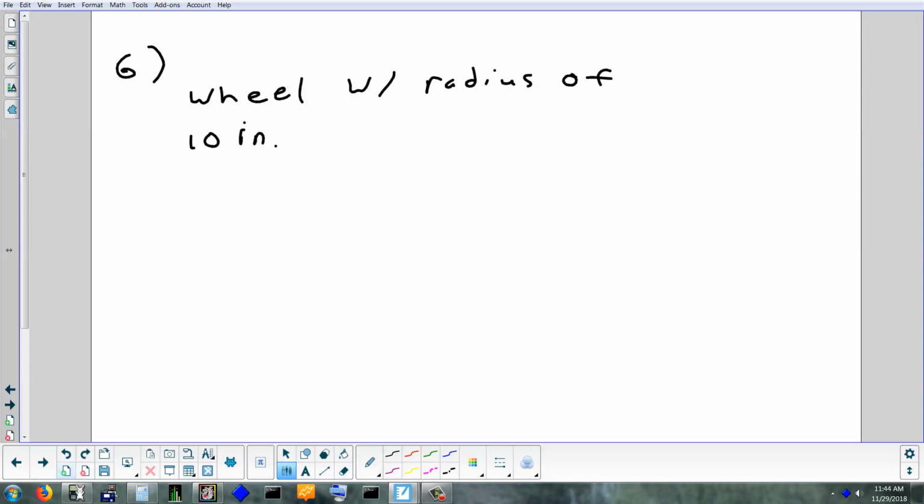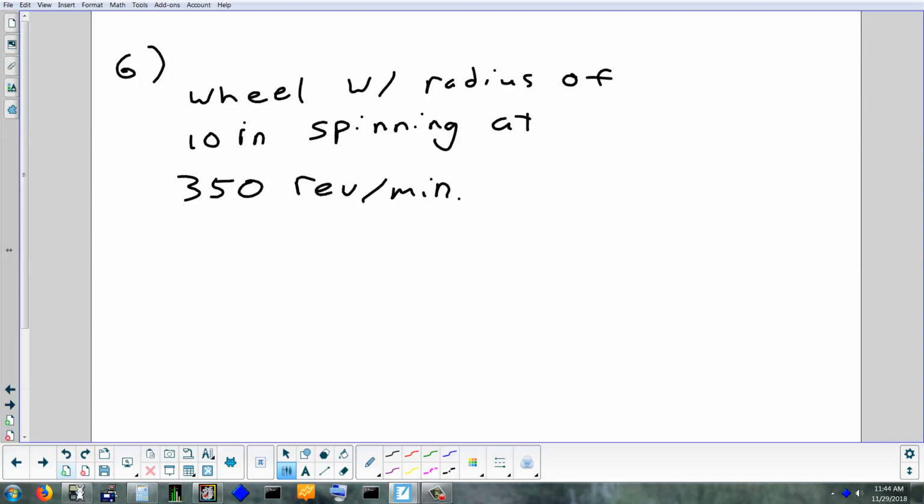Let's say it's spinning at 350 revolutions a minute. So a wheel with a radius of 10 inches is spinning at 350 revolutions per minute. That's the angular velocity.